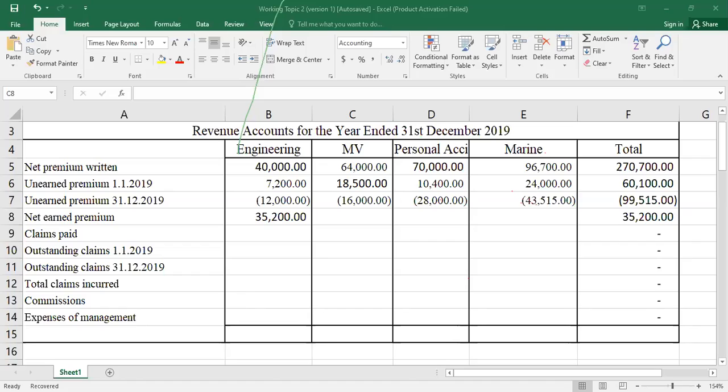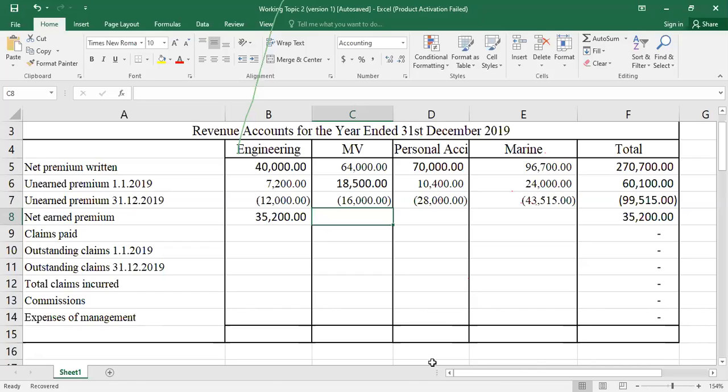We have the 40%, that's what has given us the 28,000, and we have the 45%, and that is what has given us 43,515, which is totaling to 99,515.